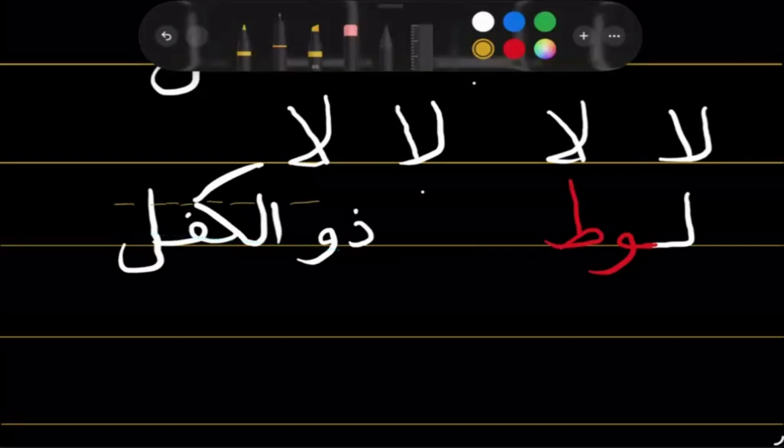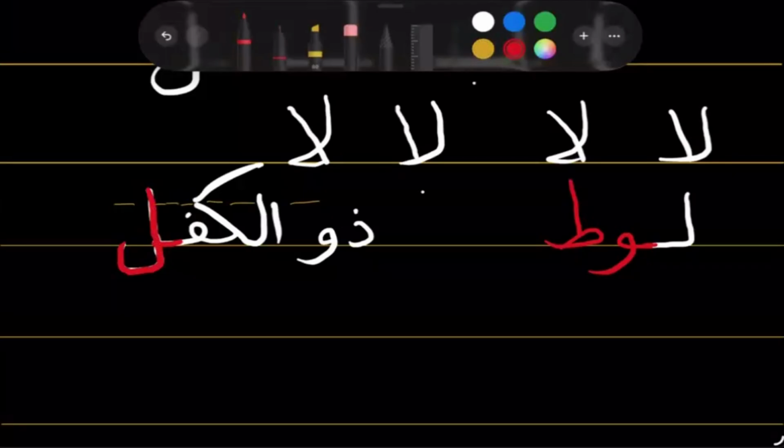Still nice handwriting though, but it definitely needs to be not too short. And here's the lamb. Dhul Kifl.